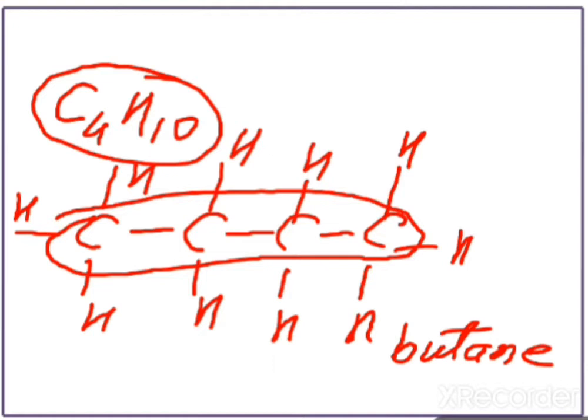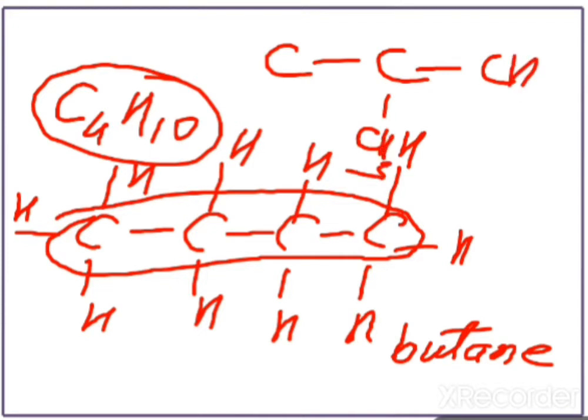Okay. For the same molecular formula, we can draw different structures also. See, 1 carbon, 2 carbon, 3 carbon and 1 carbon as a branch. So with these carbons, 3 hydrogens, 3 hydrogens, 3 hydrogens and 1 hydrogen.